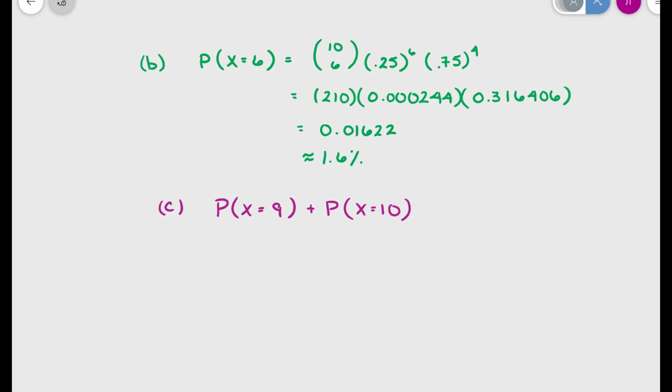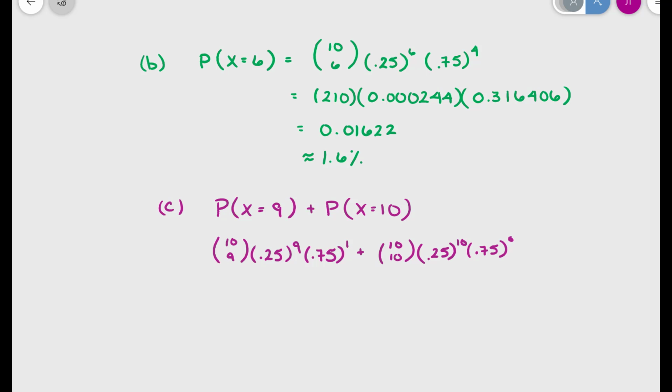So we have 10 choose 9 times 0.25 to the 9th power times 0.75 to the 1st plus 10 choose 10 times 0.25 to the 10th power times 0.75 to the 0 power.